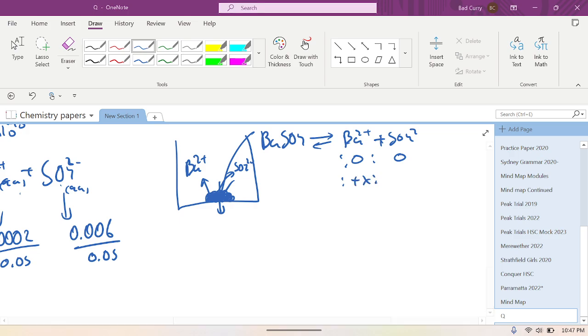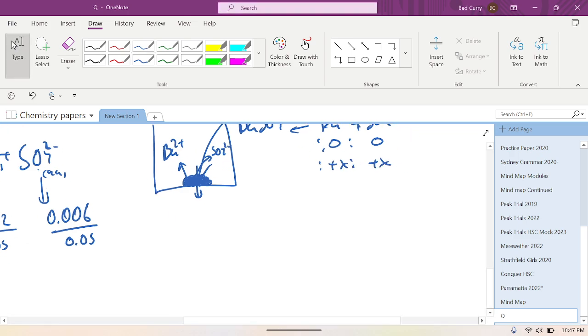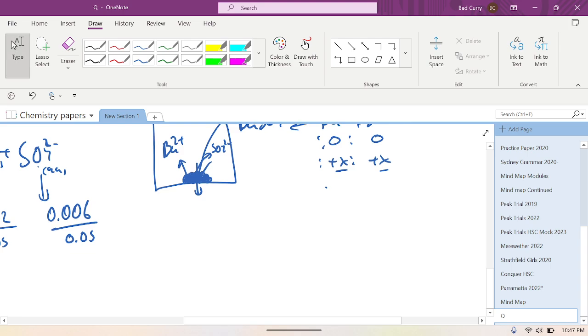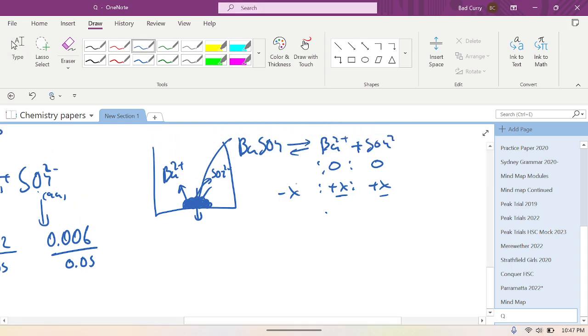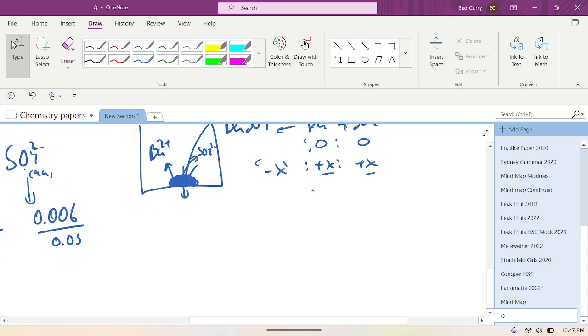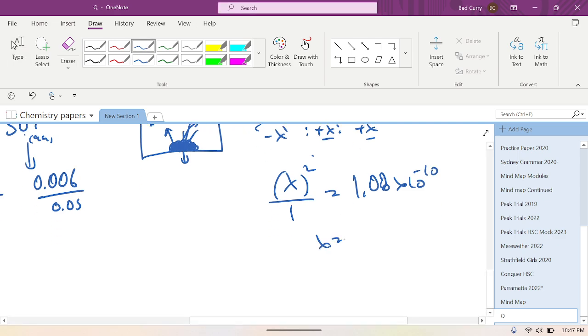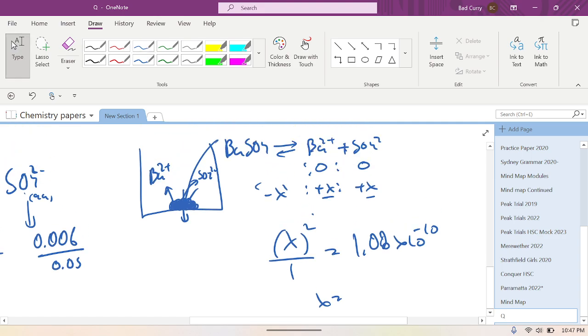Equilibrium is going to shift due to Le Chatelier's, plus x and plus x into the concentration. And what you have here, you have a minus x, or as ghosting x. So you have x squared on 1 because the solid is not counted in the equilibrium. And then you have 1.08 times 10 to the negative 10, giving you your x value, which is how much of each ion is present.